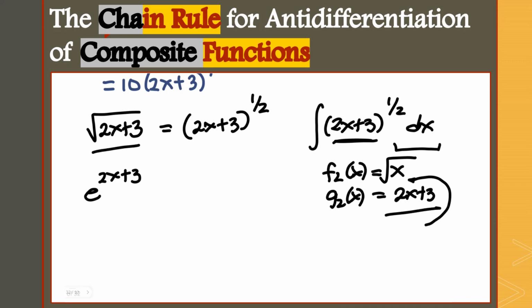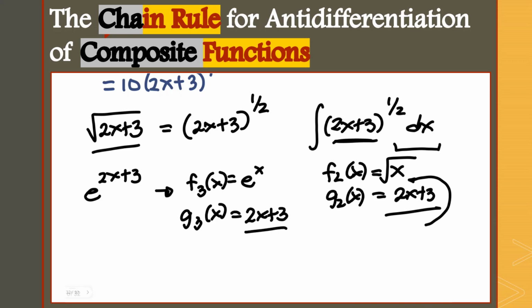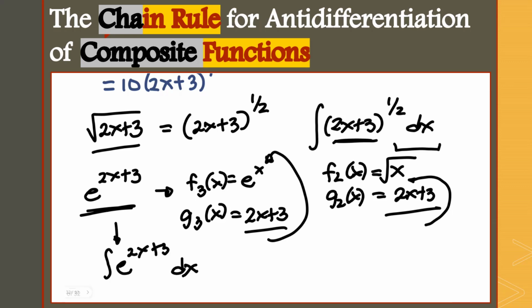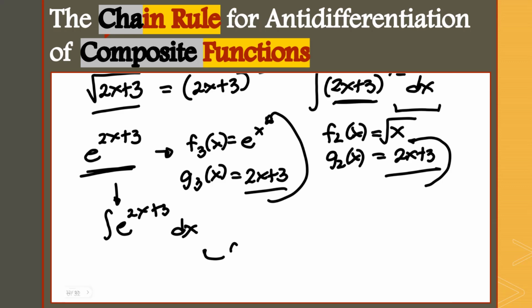So for this example, your f sub 3 of x is actually e to the power of x, and your g sub 3 of x is 2x plus 3, which became your exponent here. And yes, this is again a composite function. So in finding the integral of e to the power of 2x plus 3 dx, we cannot automatically use the exponential rule because we are to introduce here the g prime of x before doing so.